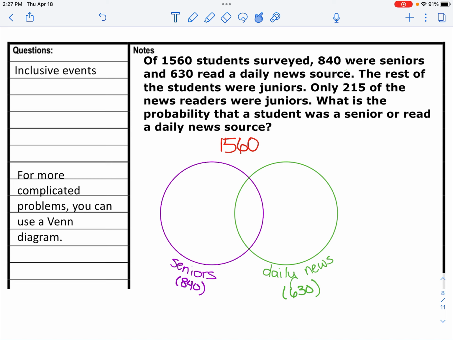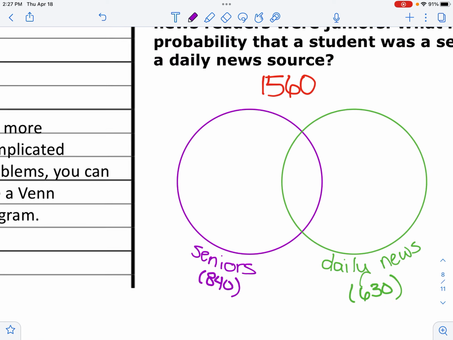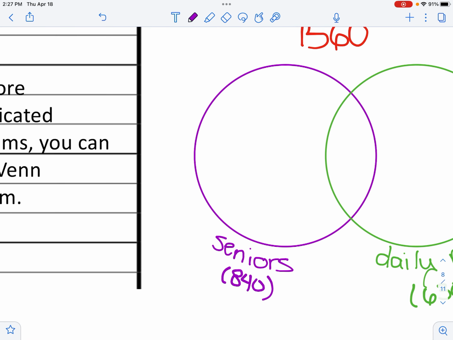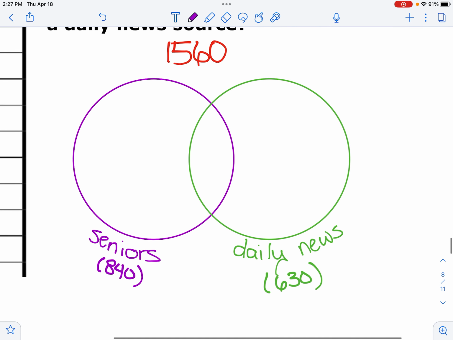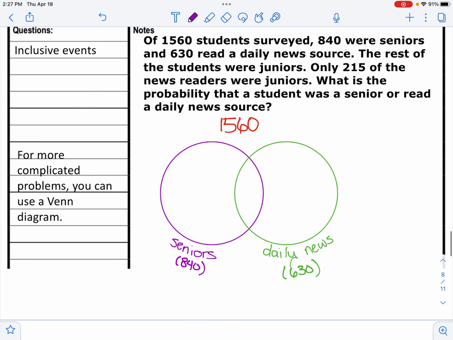So you'll see at the top I wrote 1,560. That's the total number of students. And then here, my purple circle is the total number of seniors, 840. My green circle is the daily news people, 630 read a daily news source.